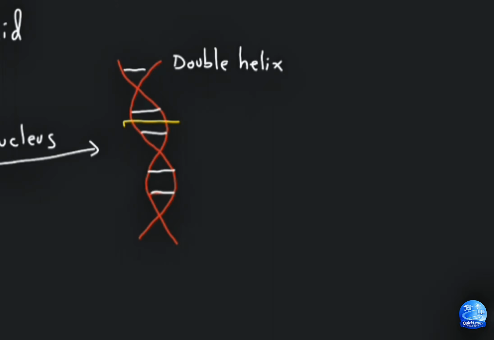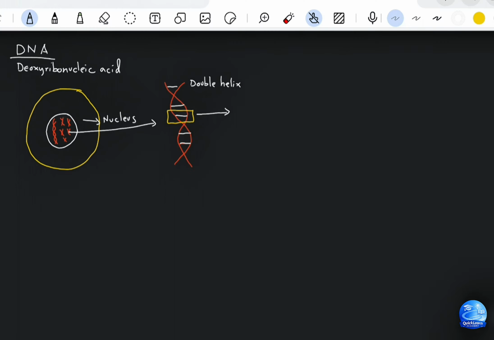Let's zoom in on one small part of this ladder. Because DNA is actually built from smaller pieces. Let me draw one. I'm going to draw a circle here. Then a pentagon. And then a rectangle. Now let's label them. This circle represents a phosphate group.